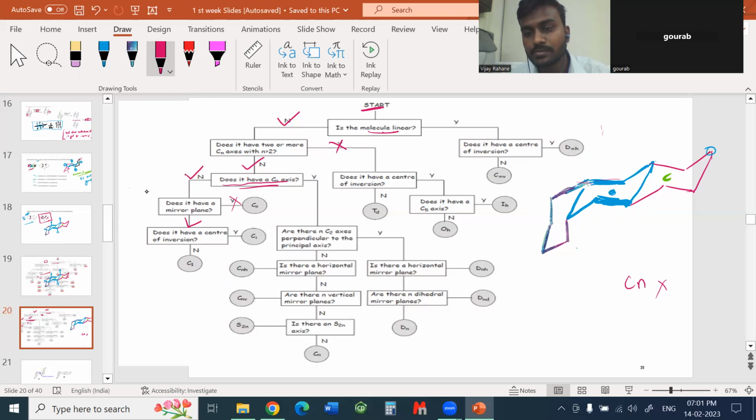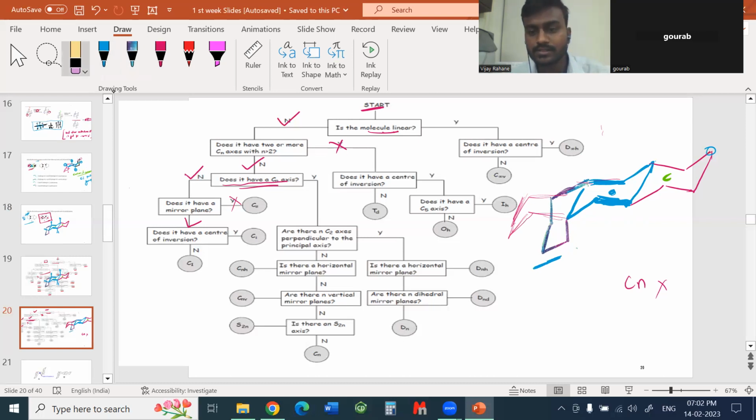If the ring were in this way, as drawn here in red, then there would be a possibility of a center of inversion. But the original structure is like this one.